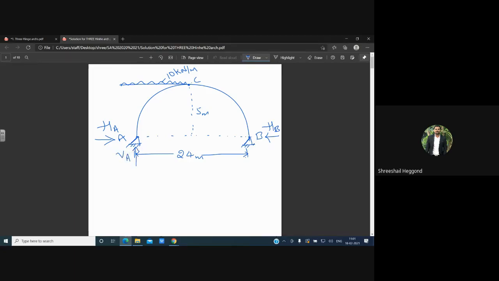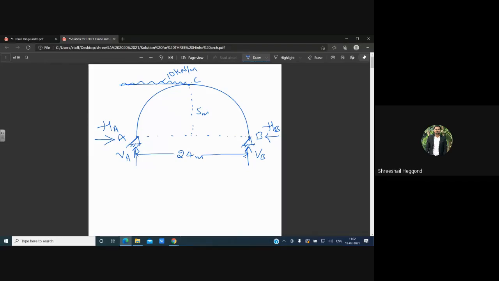Summation of Fy will be 0. By considering that condition, you can write one equation, that is VA plus VB equal to the applied load, that is 10 kilonewton for the span of 12 meter. The total is 24 meter, half UDL is applied, therefore the span will be of 12 meter only. Considering moment about A, you can find out the VB value.